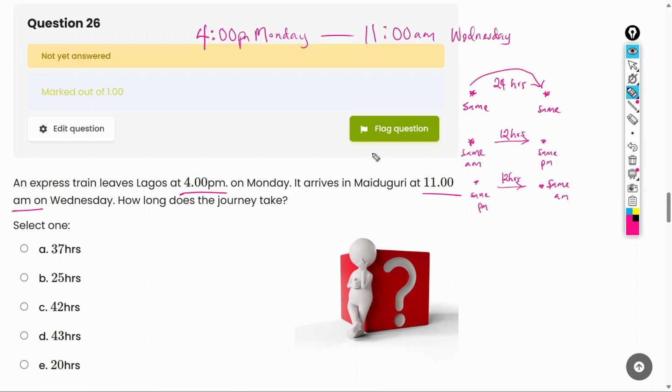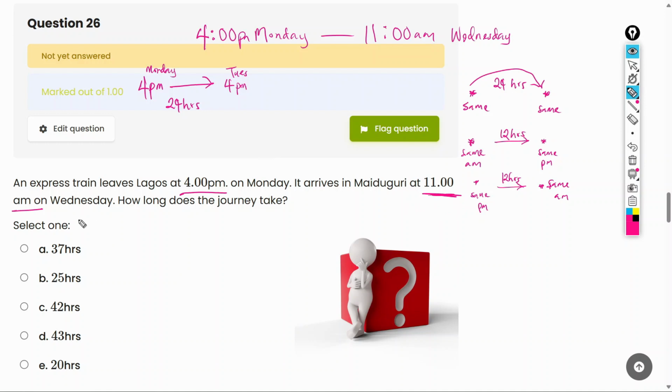So let's apply that here. From 4 p.m. Monday to 4 p.m. Tuesday, this is Monday, this is Tuesday, this is 24 hours, right? Now, from 4 p.m. Tuesday to 4 p.m. Wednesday is also 24 hours.